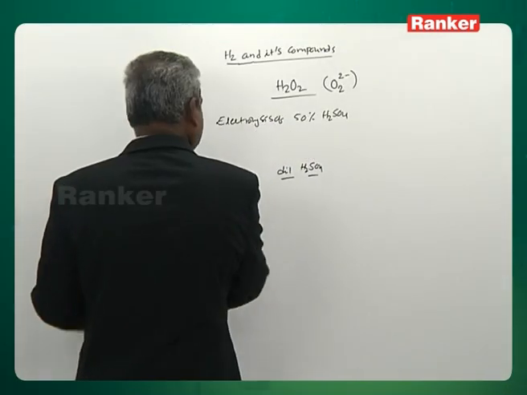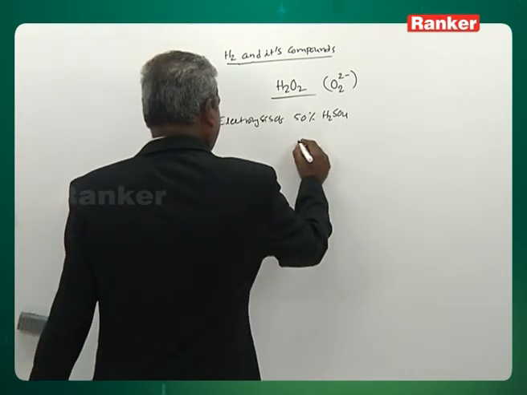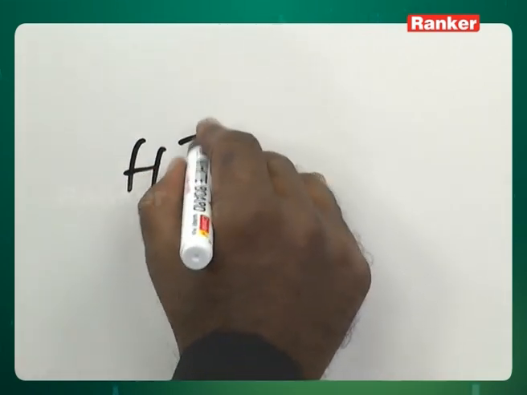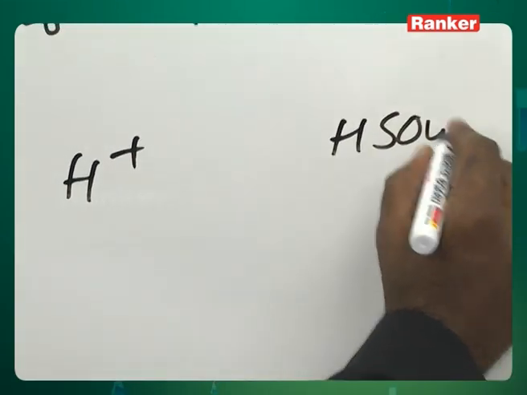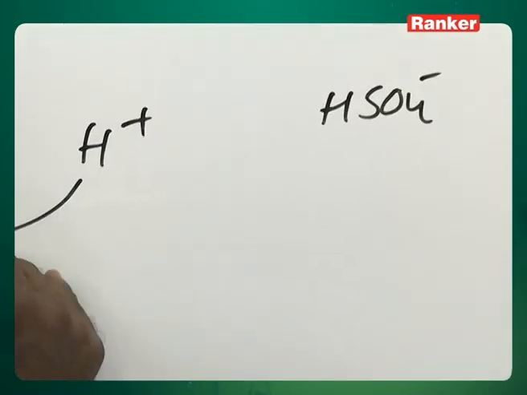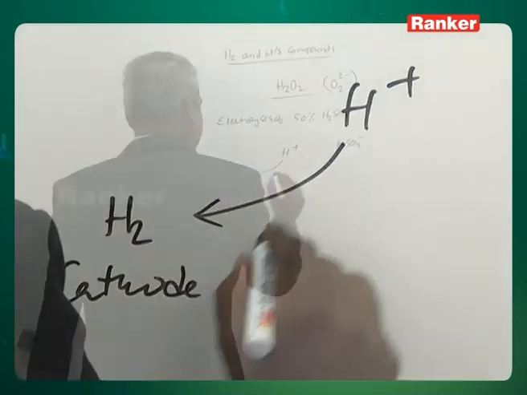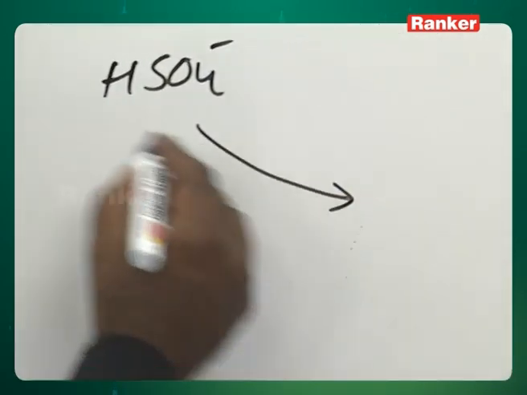So 50% H2SO4 will undergo partial ionization. It produces H plus and HSO4 minus ions. H plus ions are liberated at the cathode. You get H2 at the cathode. And this HSO4 minus goes to the anode.